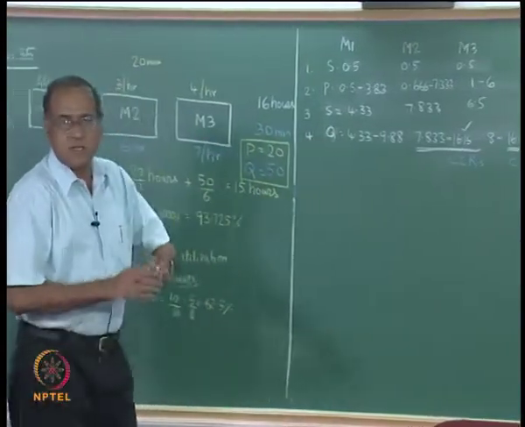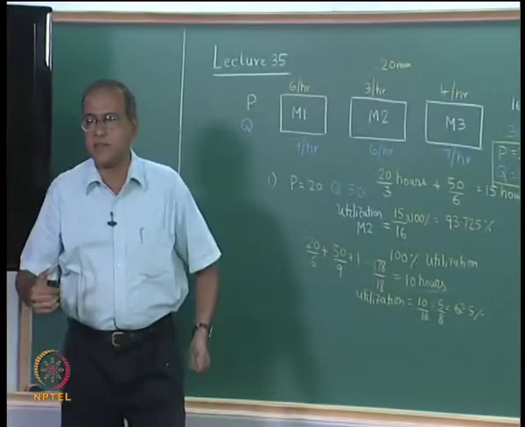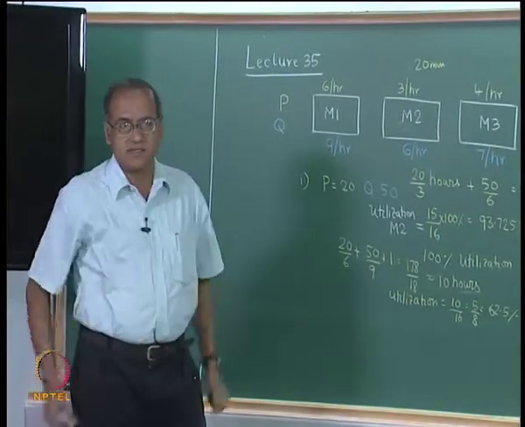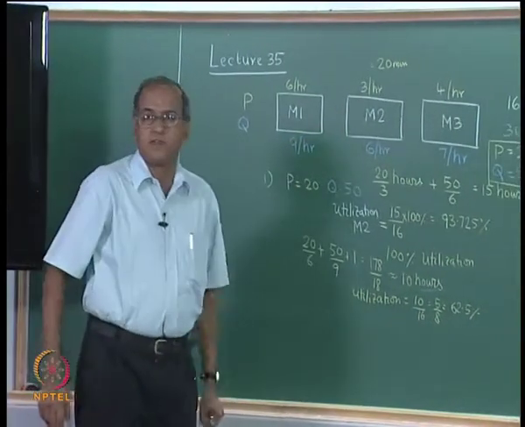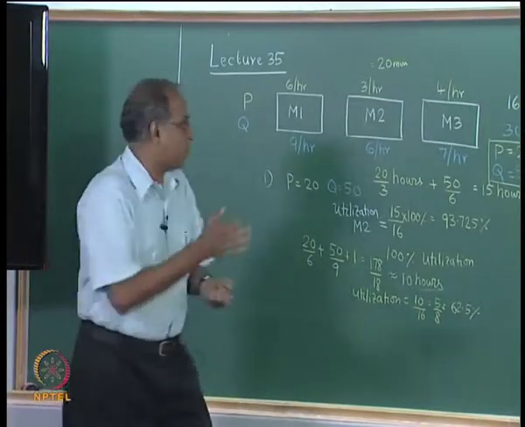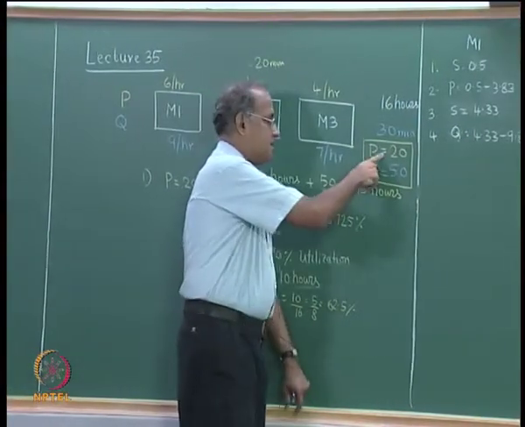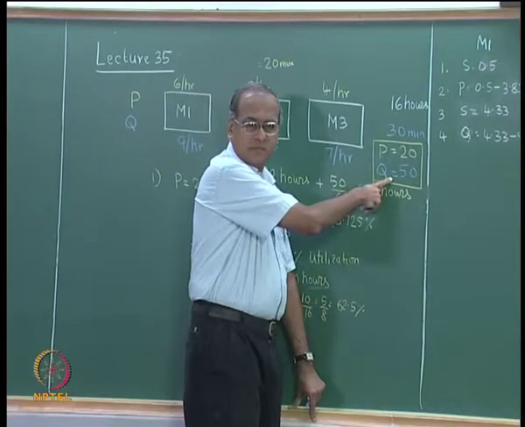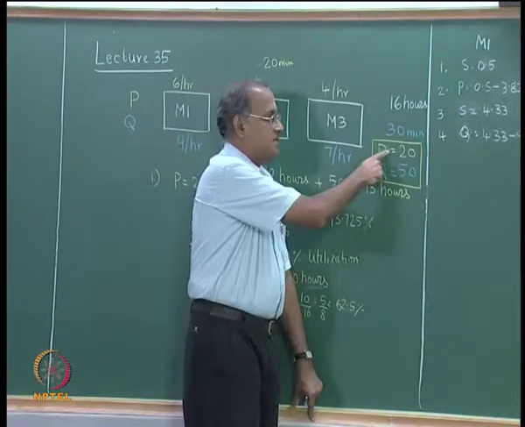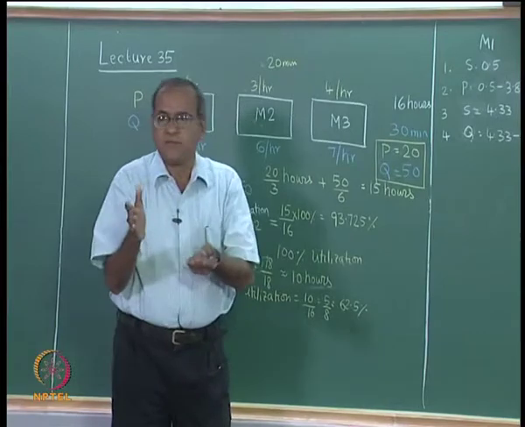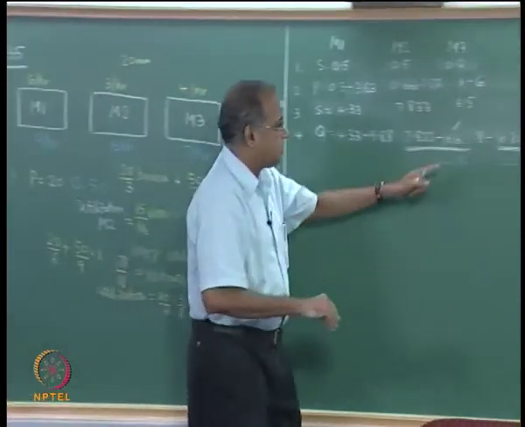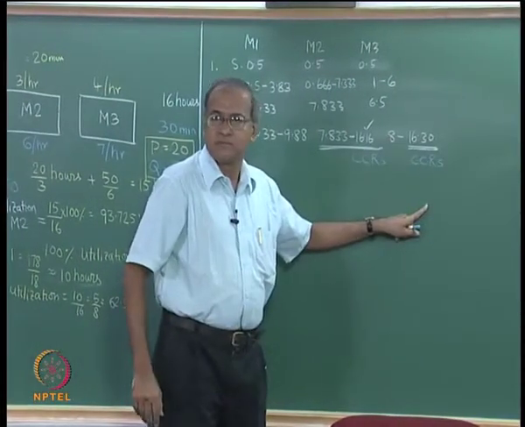If these 3 machines are not located very close to each other, but at some distance, then we can do this calculation for a transport batch of 10 for this and maybe 25 for this, assuming the transportation is done in 2 batches, and in such a case this would also increase proportionately.